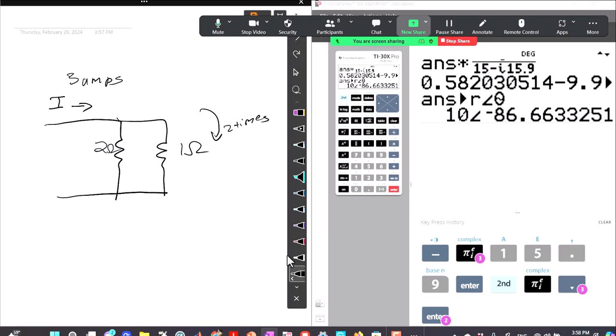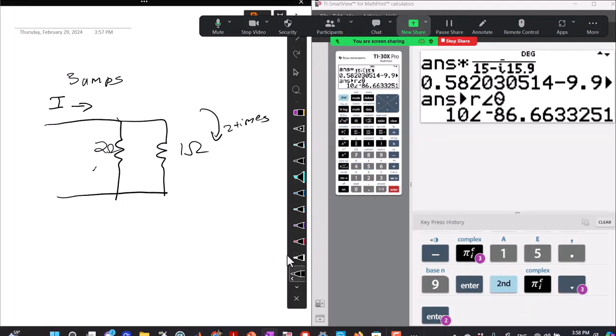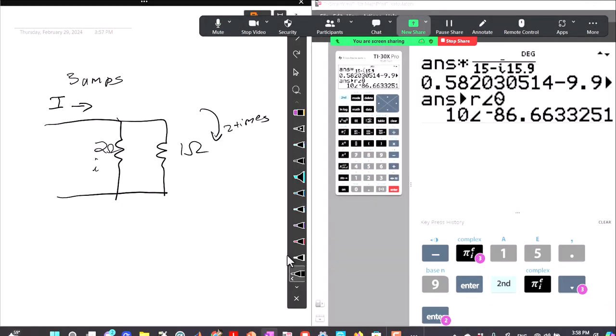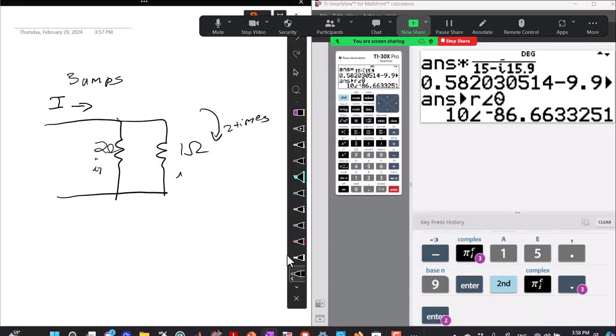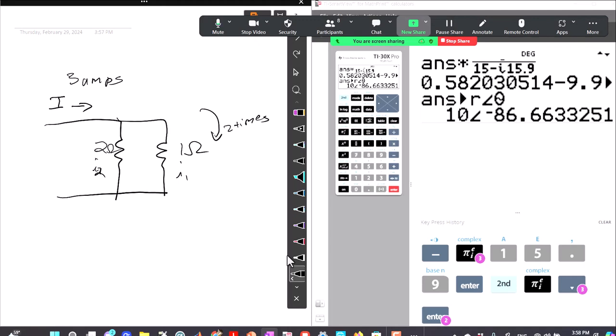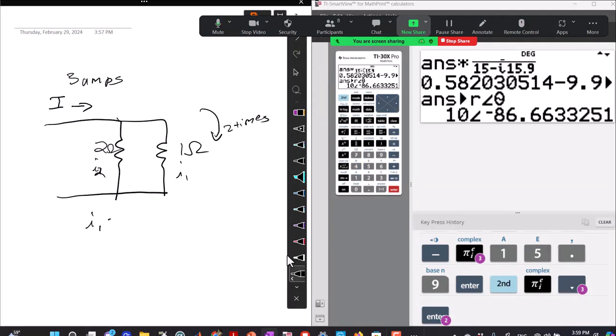Whatever current goes through the 2 ohm resistor right here, I'll call that I2, and I'll call this I1. I should have twice as much current going through the 1 ohm resistor as the 2 ohm resistor. And so I know that I1 equals twice I2.